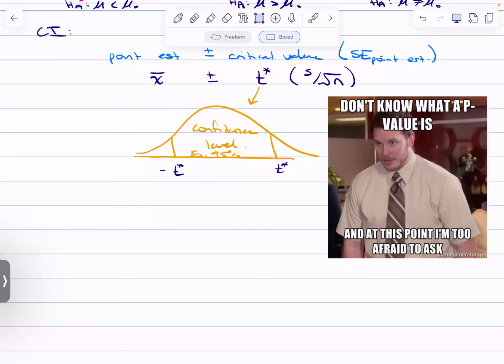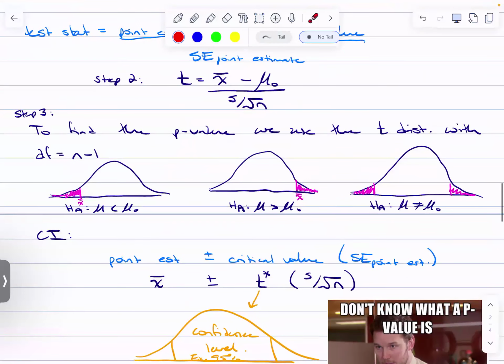But one day, right, it'll click. What is the p-value? It's the probability, which is an area under the curve, right, of seeing something as extreme or more extreme than what you saw, assuming the null hypothesis is true, right?